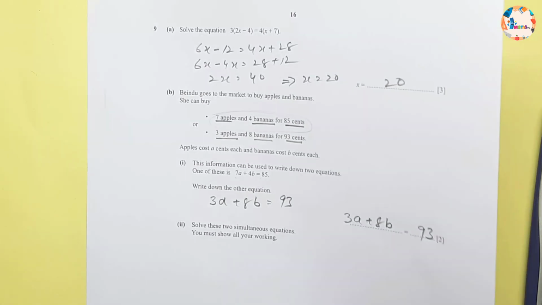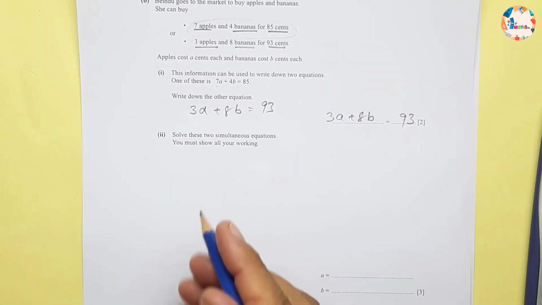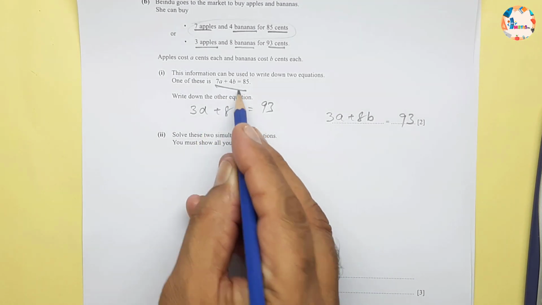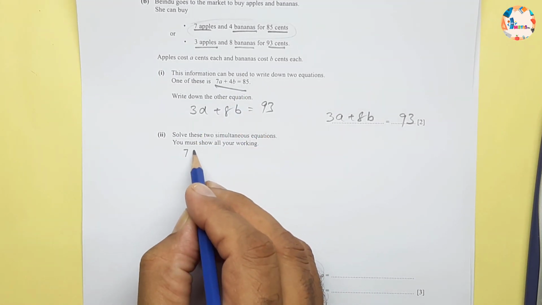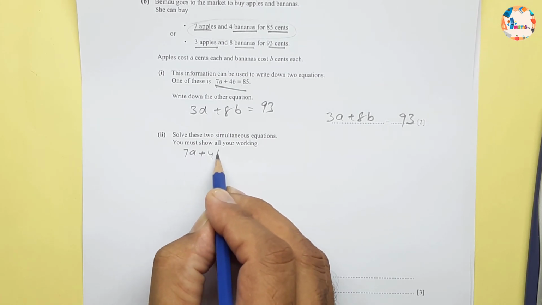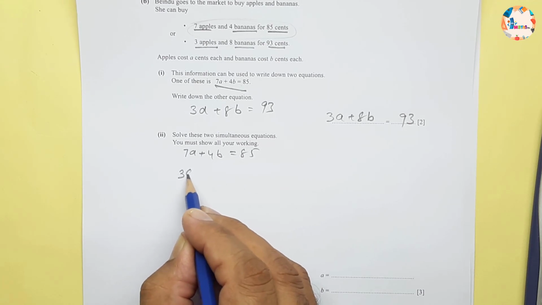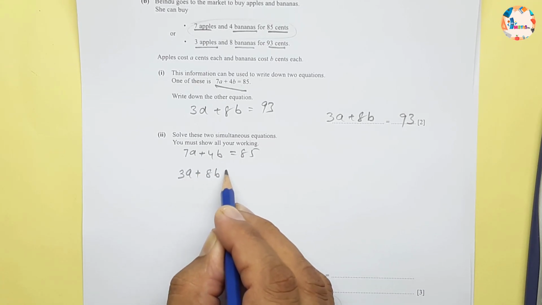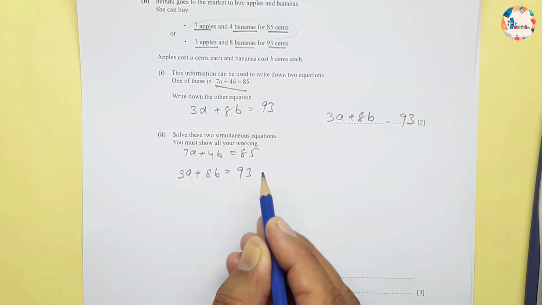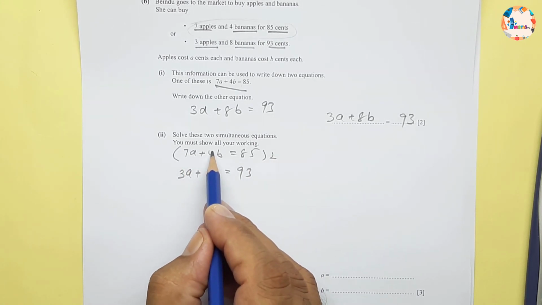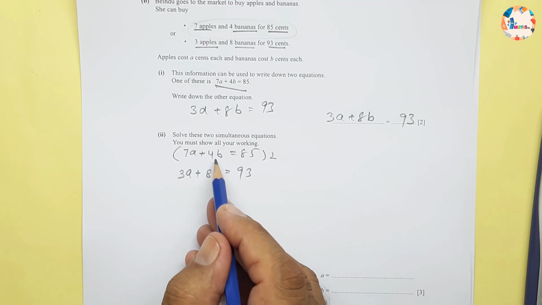So to solve this one, we will be taking these two equations, which is first equation 7a plus 4b is equal to 85, and 3a plus 8b is equal to 93. So we can multiply this equation by 2 so that we will get coefficient of b as 8 over here.